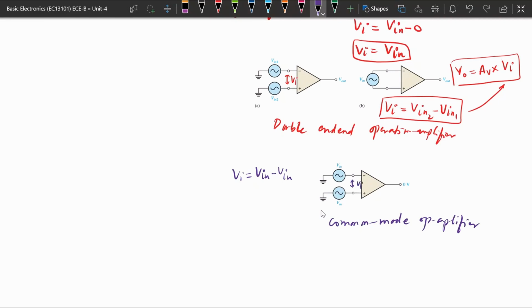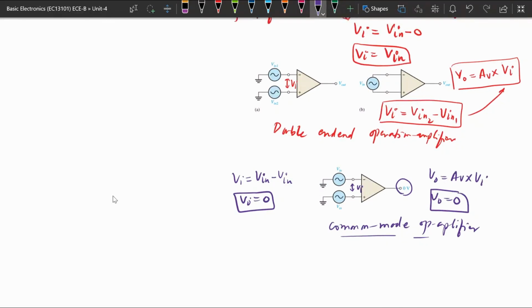Output voltage will be gain multiplied by V input, and V input is nothing but VIN minus VIN. Both are having the same input, so the difference will be equal to 0. That means we are applying a 0 input, so the output will also be 0. This is called common mode operation of the operational amplifier. So these are the different modes of operational amplifiers.